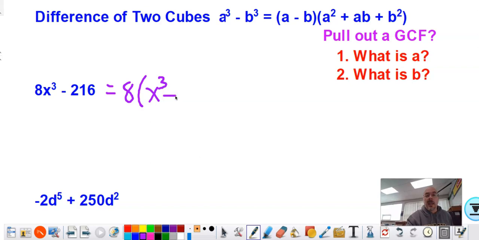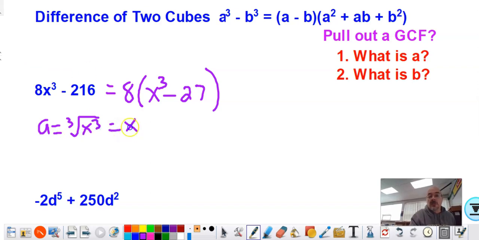Minus, and let's see, 8 goes into 216 27 times. All right, so what is the a value? Well, the cubic root of x cubed is x. So the a value is x. The b value is the cubic root of 27, which is 3.